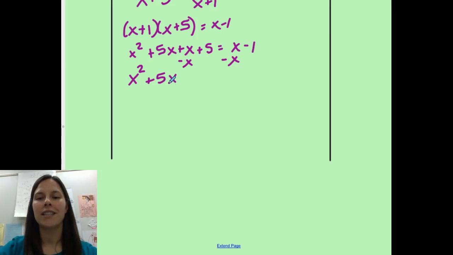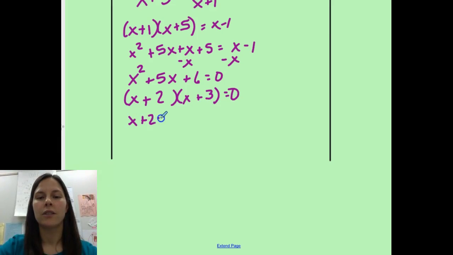And then I'm also going to add my 1 to both sides so I can set this equal to 0. Factoring, what multiplies to a positive 6 and adds to a positive 5? I get a plus 2 and a plus 3. Setting each of these equal to 0 and solving, I get x equals negative 2 and x equals negative 3.